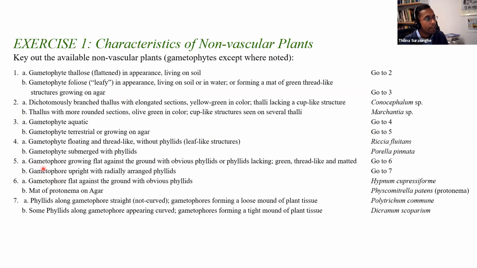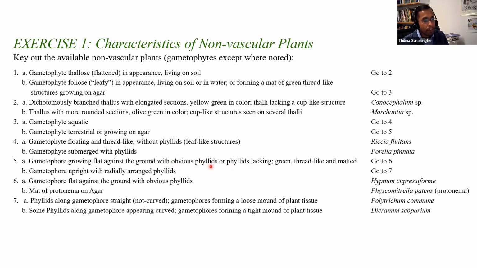Point 5, gametophore, the reproductive structure of the gametophyte, growing flat against the ground with obvious phyllids or phyllids lacking. Now, phyllids is something I haven't introduced to you yet. Those are the leaf-like structures that you see in plants, right?